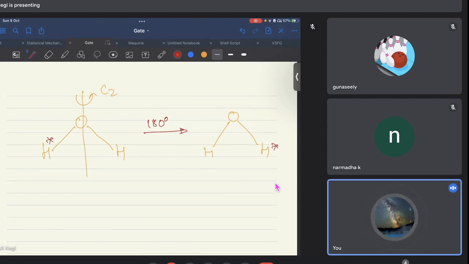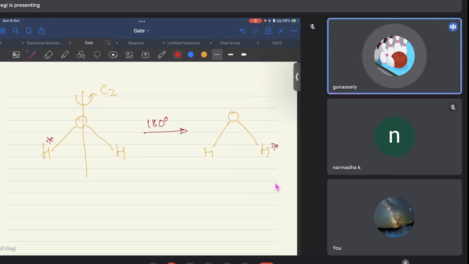I don't think it has a center of inversion. Gunasila, you said it will have, so where will it be? I mean, on the opposite side the atom is present.